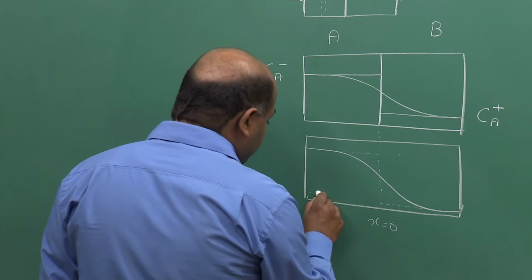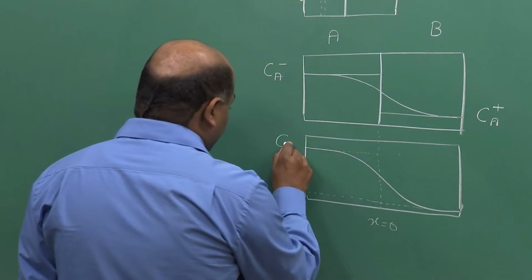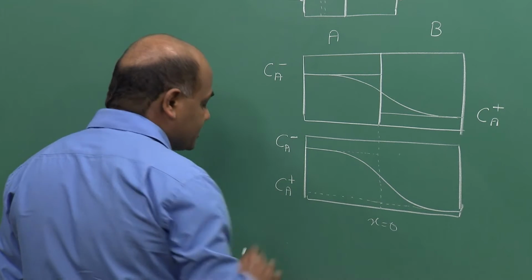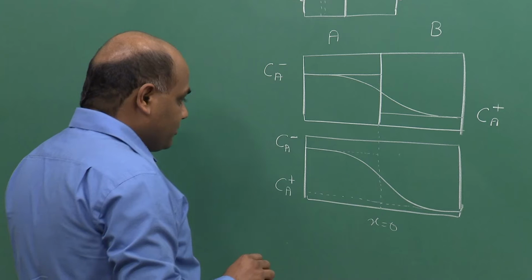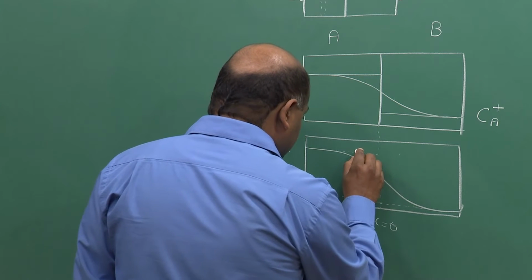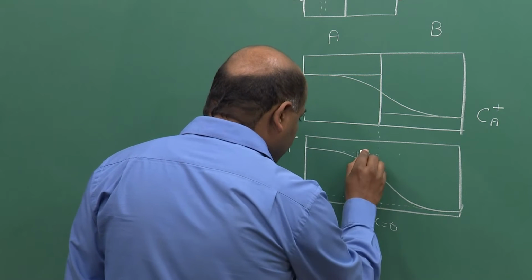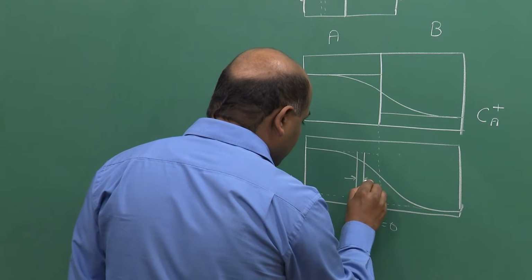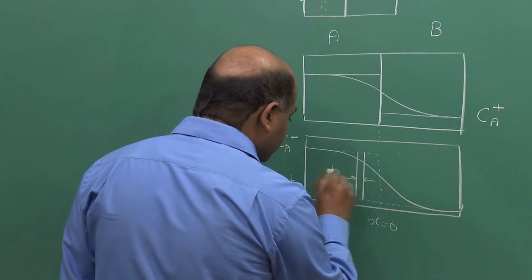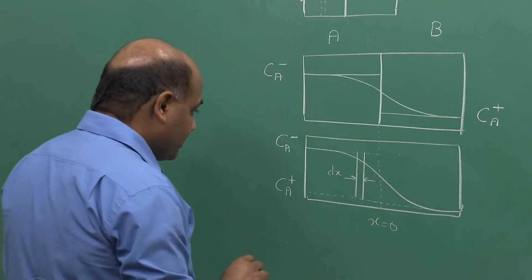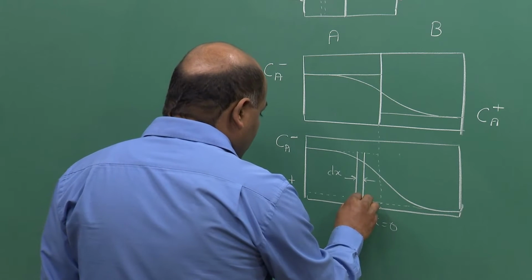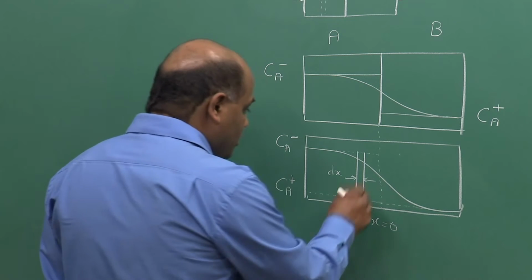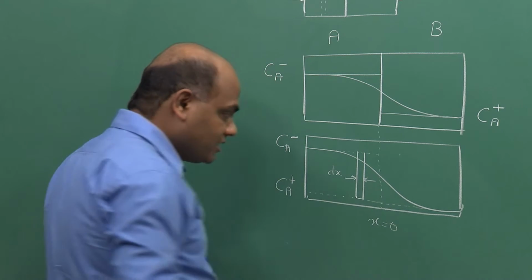So, if we do that, this is Ca minus, this is Ca plus. So, if we consider a small volume element of width dx in the diffusion zone, and if we consider unit cross sectional area, then the volume of this small element would be dx.